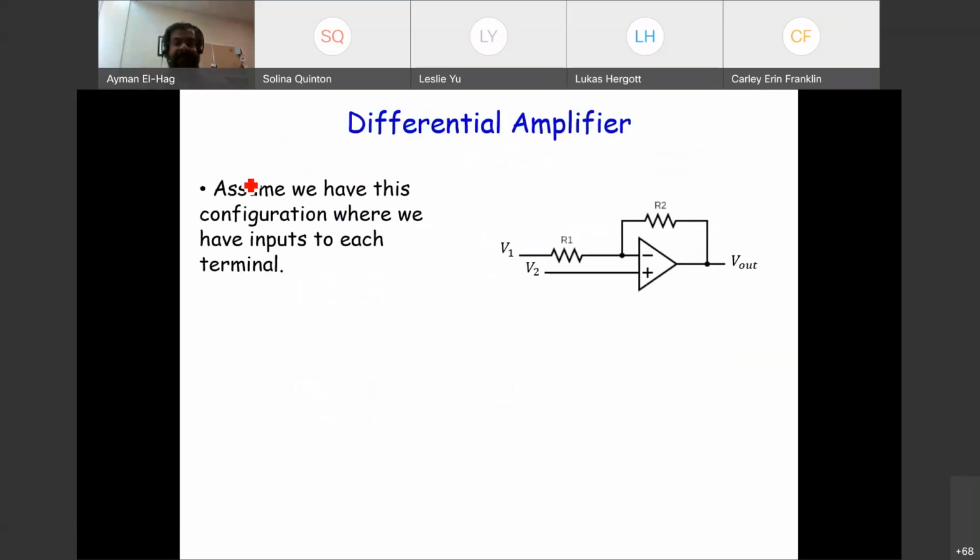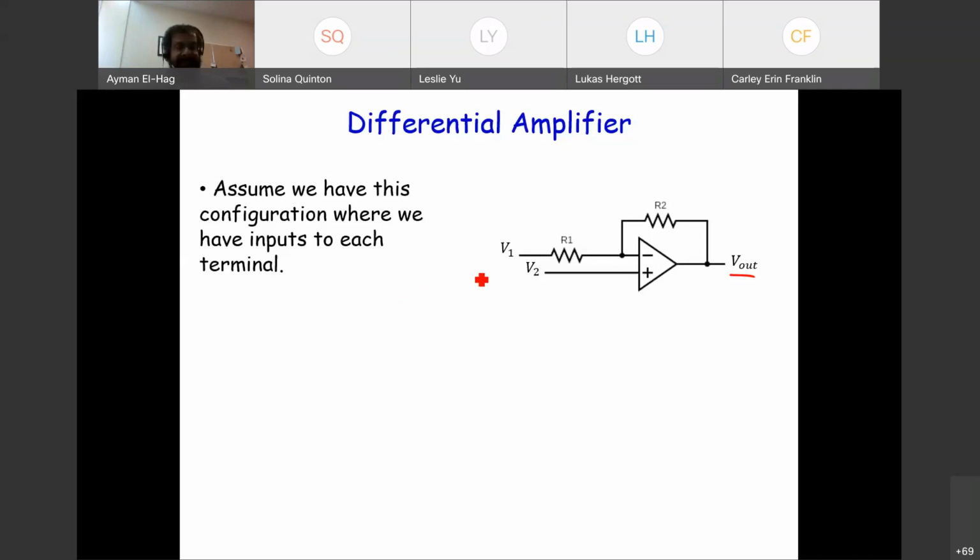And let's analyze this circuit. We will have 2 inputs here as such, and we want to see what the output is with respect to the input. Remember, our objective is to find a circuit that gives me an output equal to a gain, my amplifier gain, times the difference between these 2 inputs, so that I will cancel the noise.